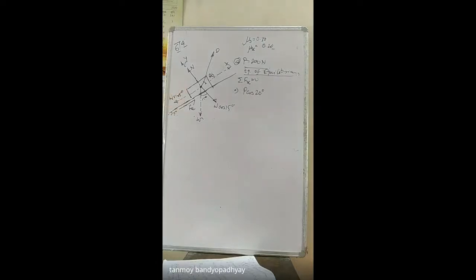You can take downwards too, that doesn't matter. In that case it will come out negative. But in this case, since I am writing an equation of equilibrium, I have to make a logical assumption. The logical assumption is that its natural tendency is to slide down, so that is why the frictional force has to be in the upward direction.